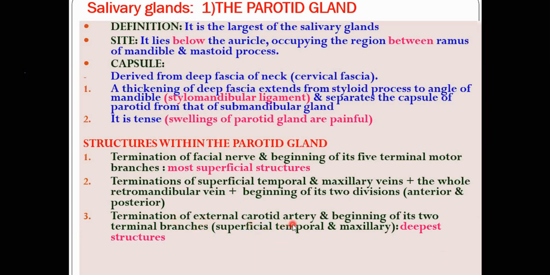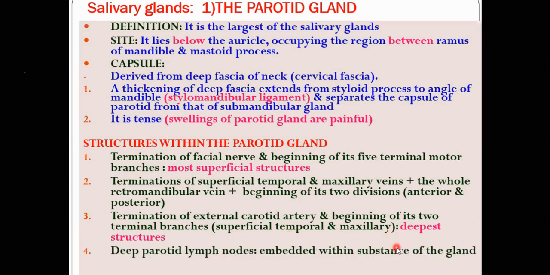Secondly, the termination of the external carotid artery also lies within the parotid gland. The 2 terminal branches are superficial temporal and maxillary, which is the deepest structure. And deep parotid lymph nodes are also within this gland. So these 4 structures you have to remember are lying within the parotid.